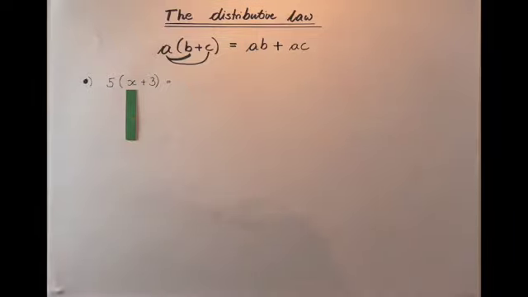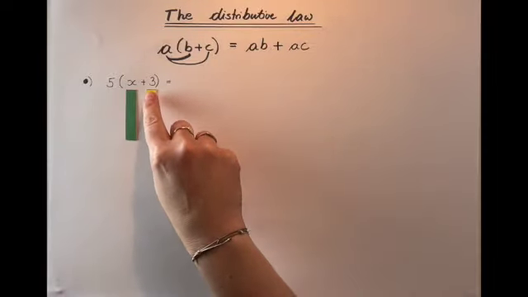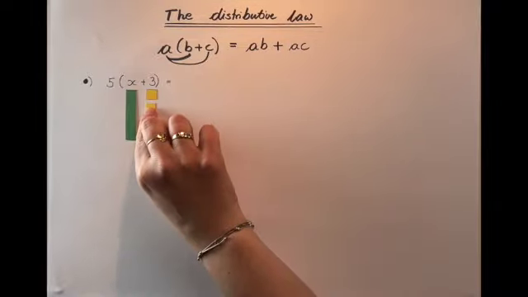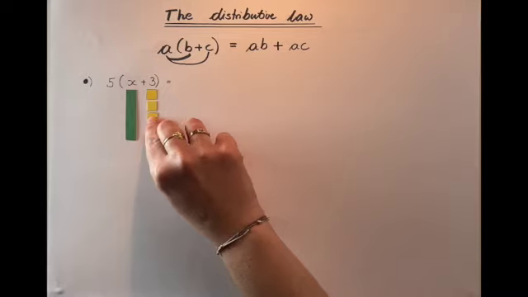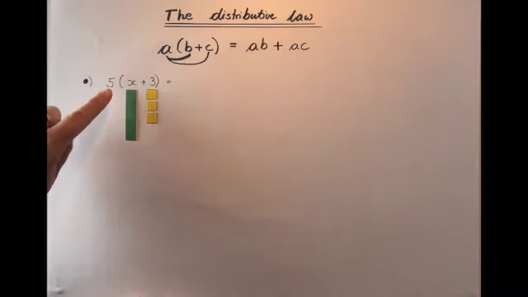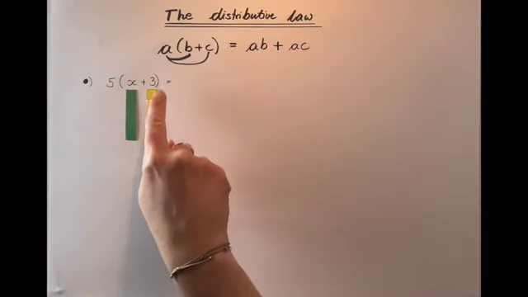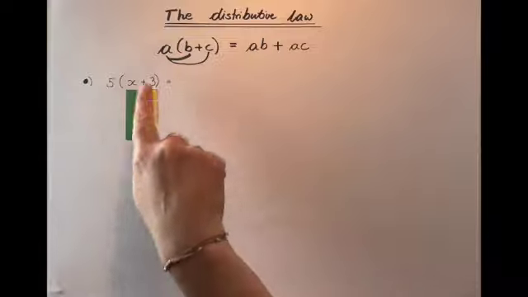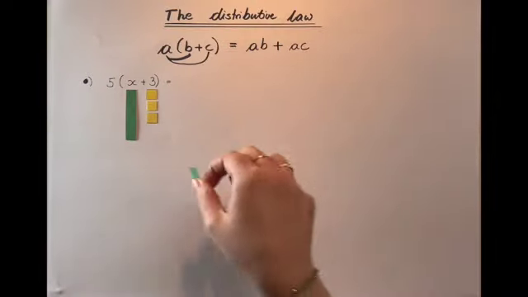So I have 1x, remember those green tiles were our x's, and I've got 3 units, 1, 2, 3. Now that 5 in front of our bracket tells us that we need 5 lots of this pack here. We need this pack, x plus 3, 5 times.